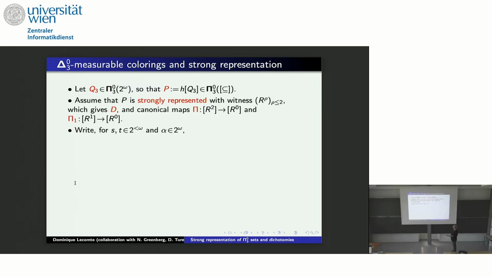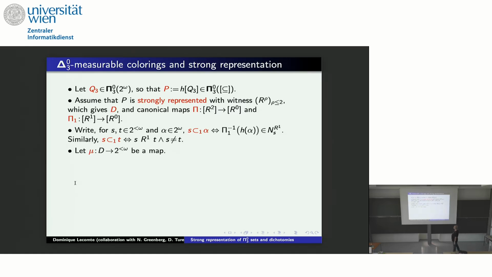We need to define notions of one predecessors for finite or infinite sequences. So for infinite sequences, we say that S is a one predecessor of alpha. This writing means that S is part of the one representation of alpha. And if it's easier to understand at finite levels, it just means that S is R1 with T and different from T. But this is what it means essentially at infinite levels also.